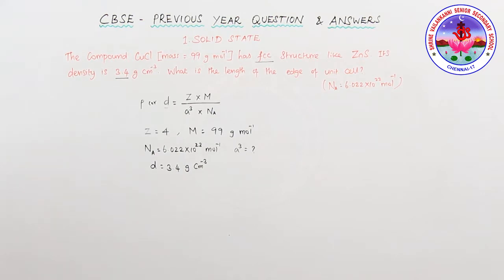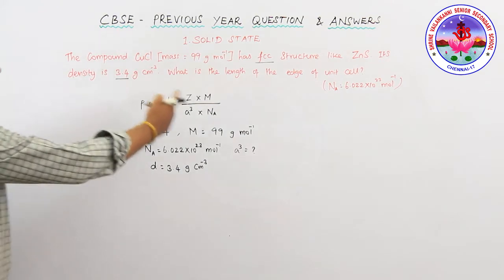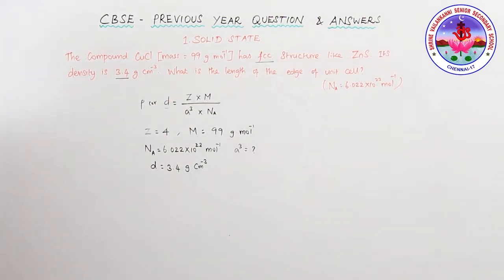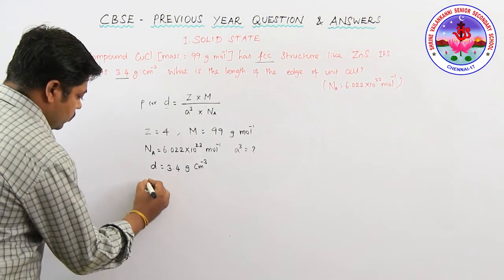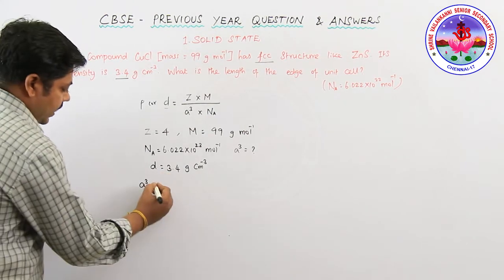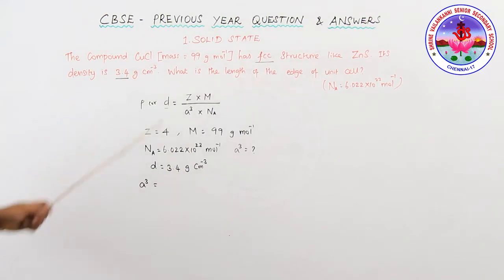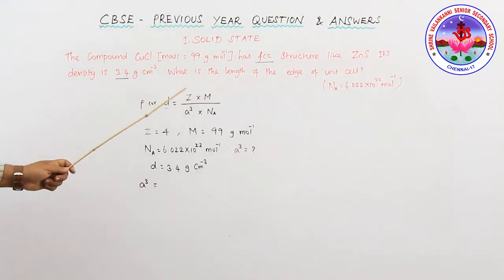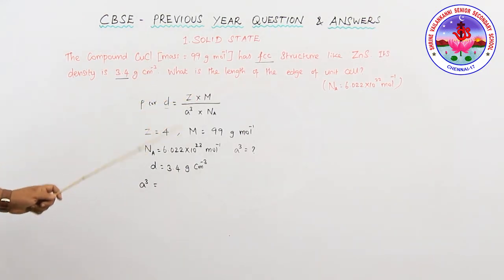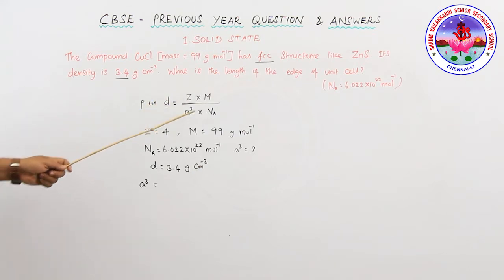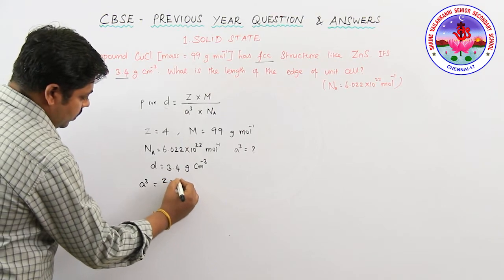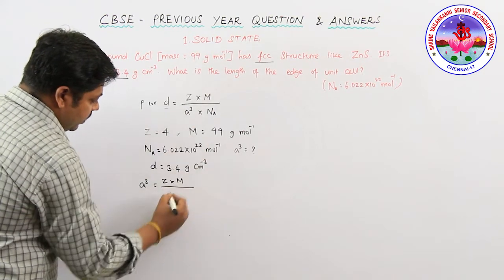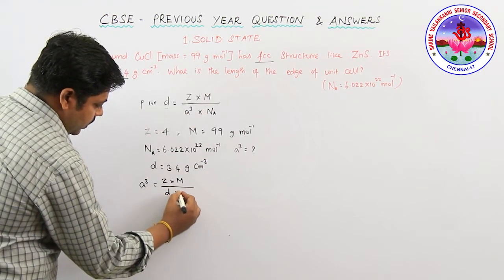So we want to find out the A cube here. That means rearrange this formula. The rearrangement of the formula means A cube is equal to Z into M divided by D into Na.